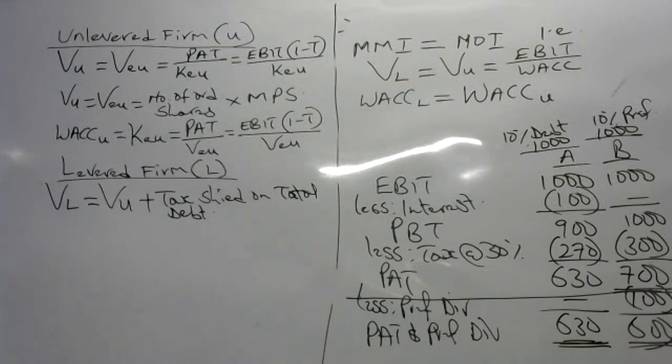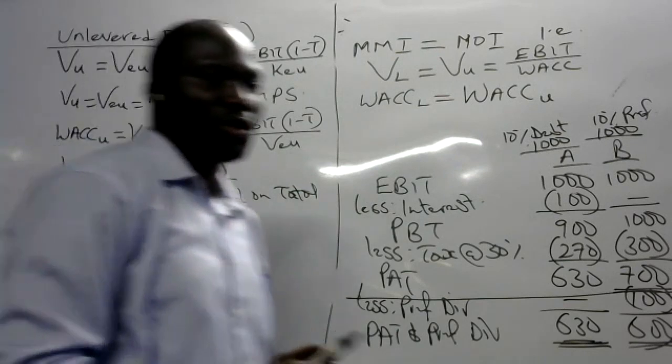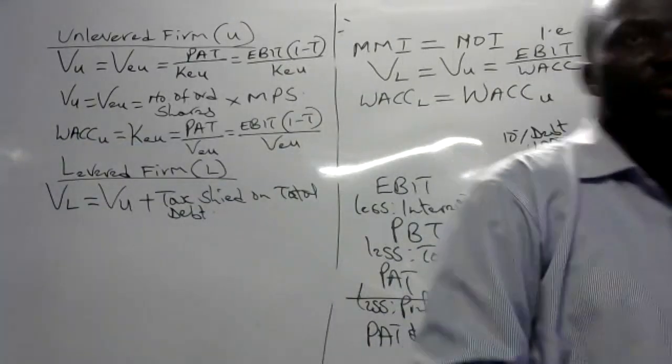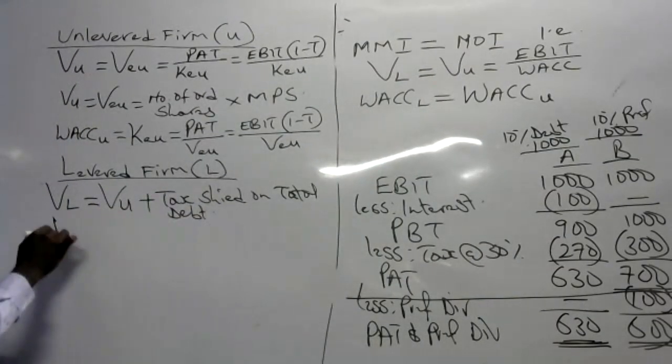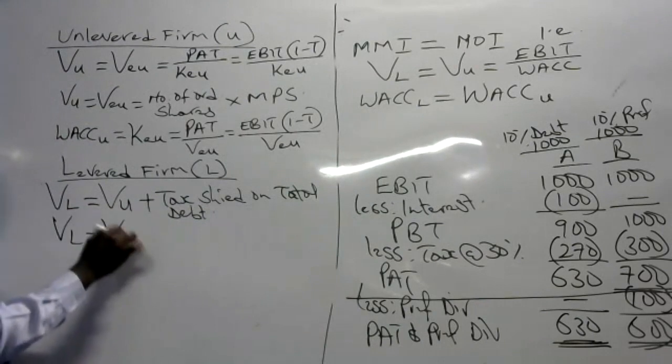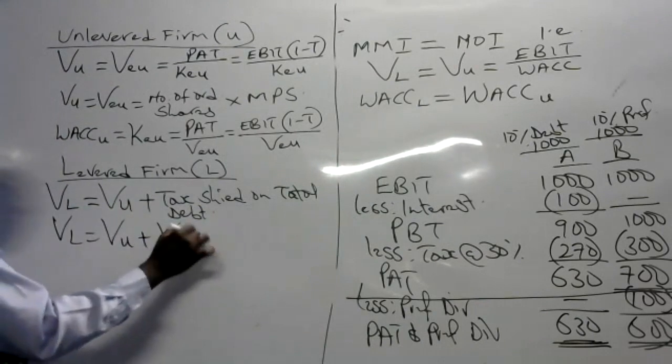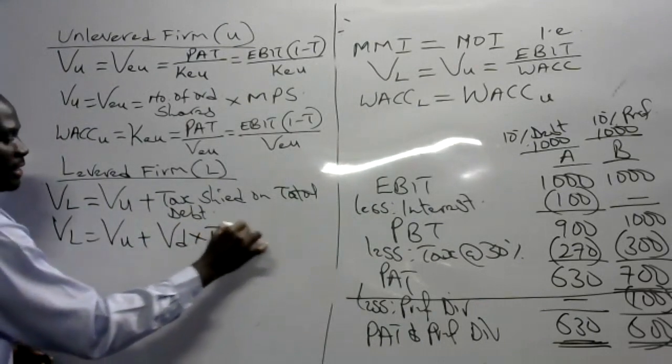So value of the levered firm equals value of unlevered plus the tax shield on total debt. Now usiogope kizungu. A tax shield on total debt is simply you take the value of debt, you multiply by the tax rate.